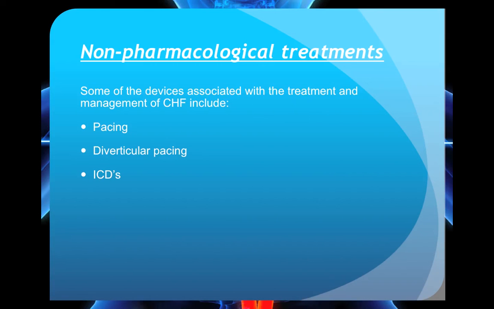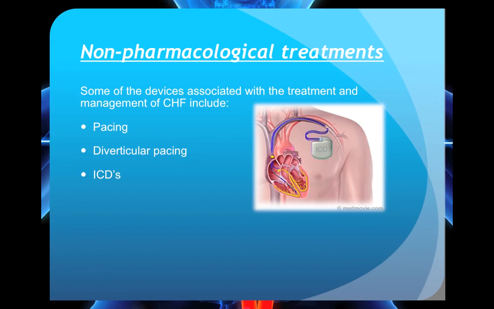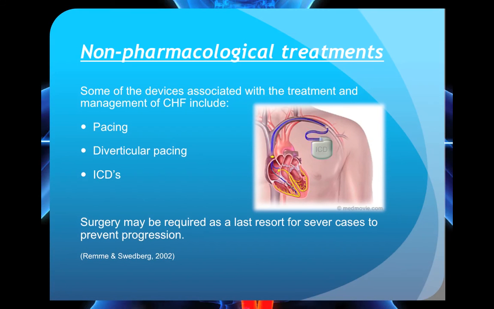These are devices implanted into the chest or abdomen which are used to help treat irregular heartbeats. Finally, if the case of CHF is increasingly severe, specific surgeries may occur in order to prevent any further progression of the syndrome.